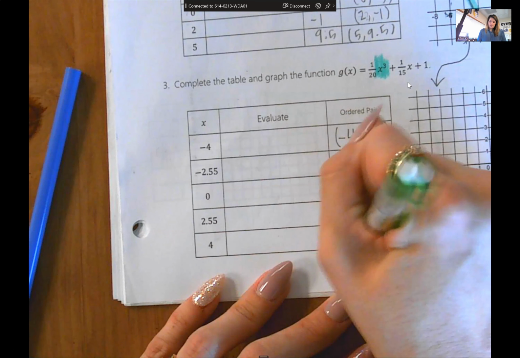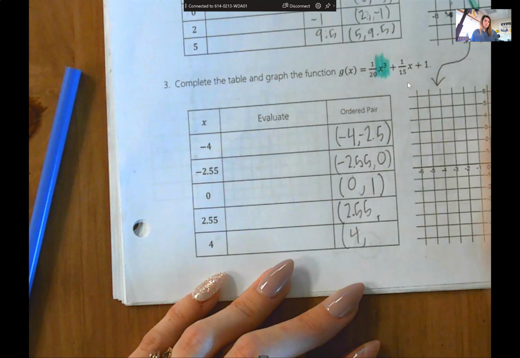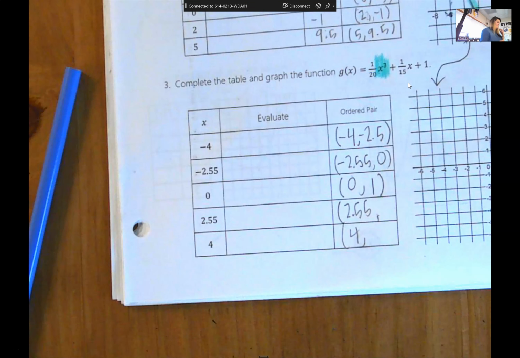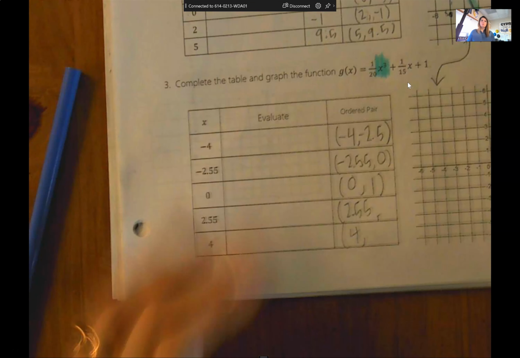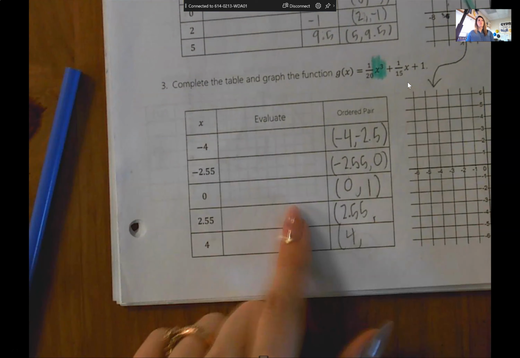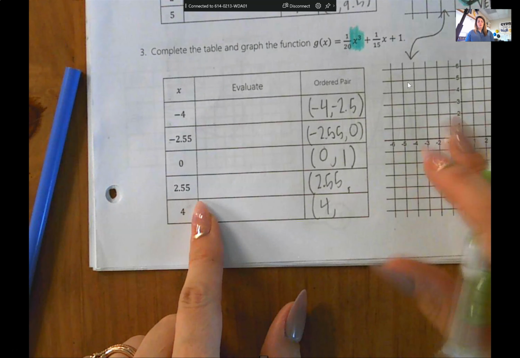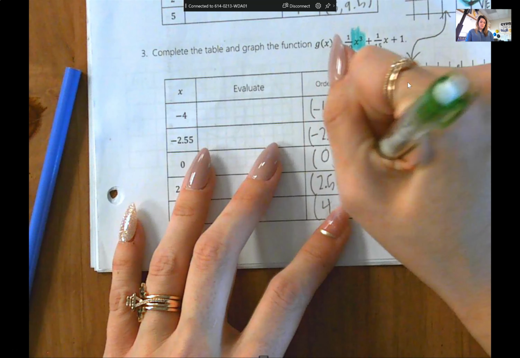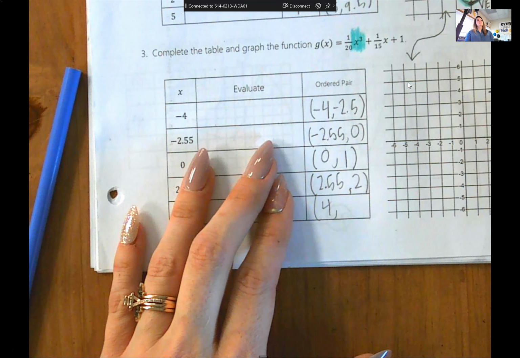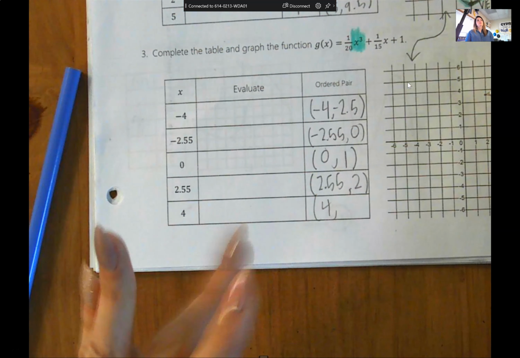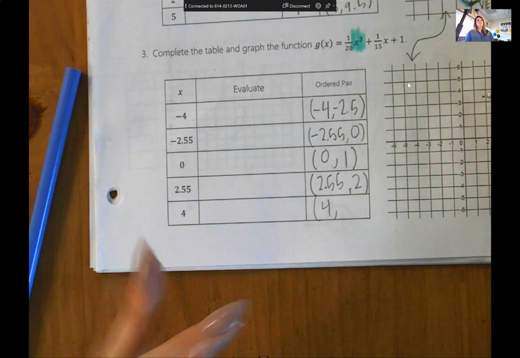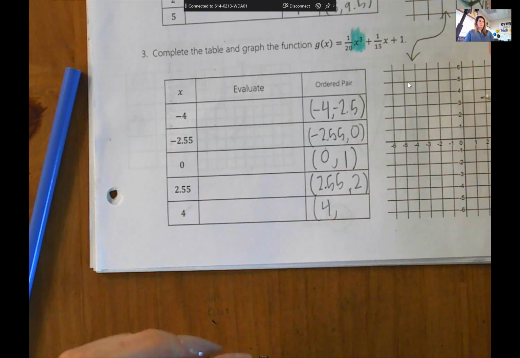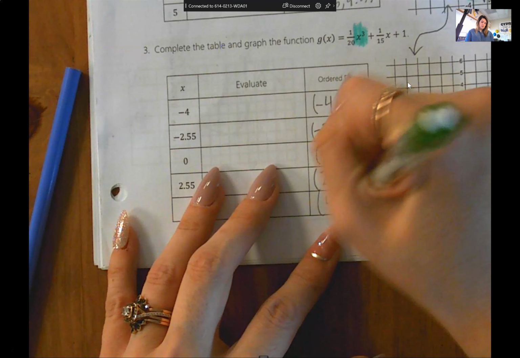And 4 positive. Has anybody got it? What's the 2.55? So we'll go to 2. Thank you. And what is it at 4? Do you need a sec for that one? Thank you, dear. 4.5.